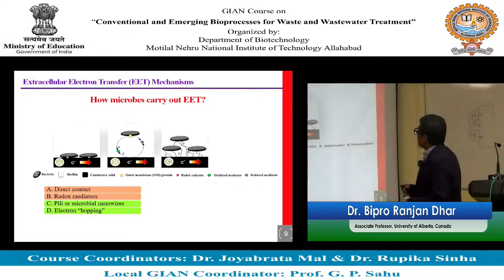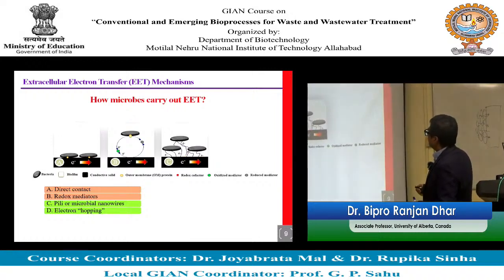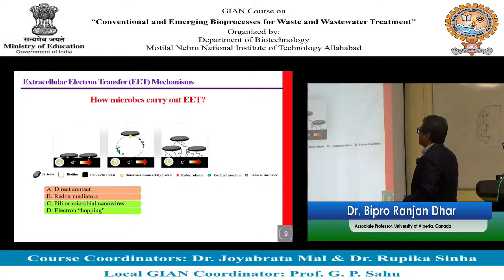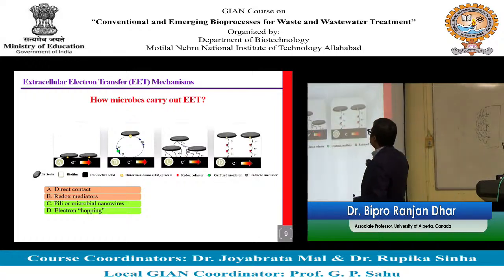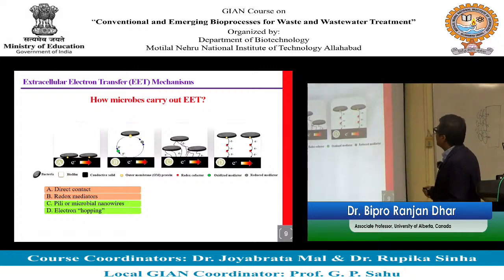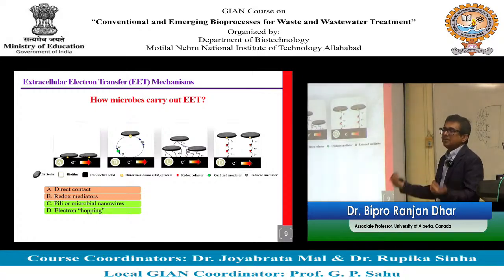Now you can see the microbial nanowire: those microbes, even if they are far from the electrode, can produce those hair-like appendages and transfer electrons. Another mechanism is that when they are far from the electrode, they can use some redox cofactor. These are like mediators, but immobilized within the biofilm, and they are very close to each other.